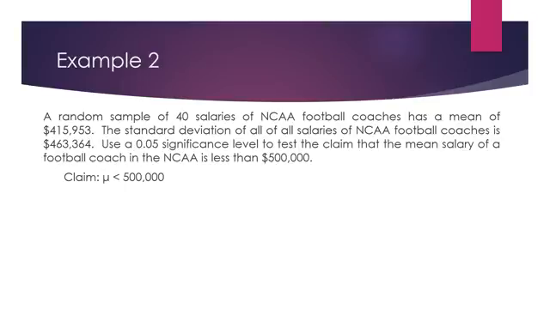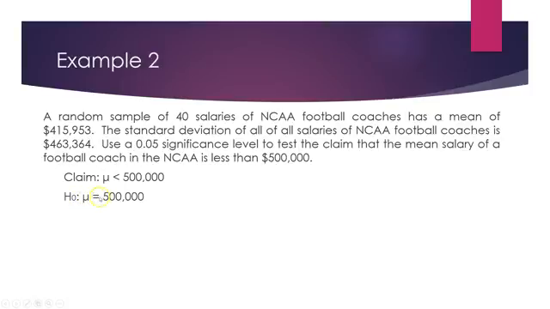So the mean we're referring to is the population mean. It's the mean of every single coach ever, because we already know what the sample mean is. We don't need to test anything on that. So the mean is less than 500,000. H0, however, is always and only going to have an equal sign.